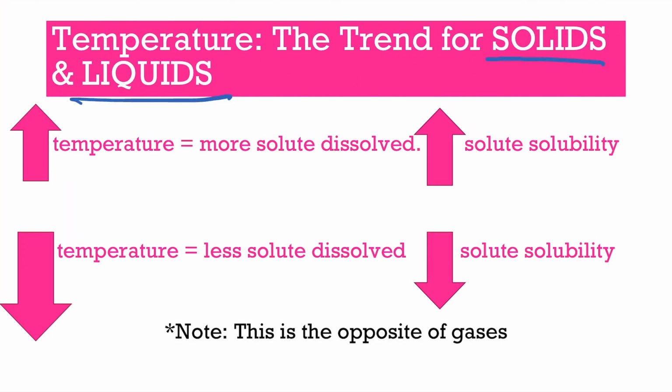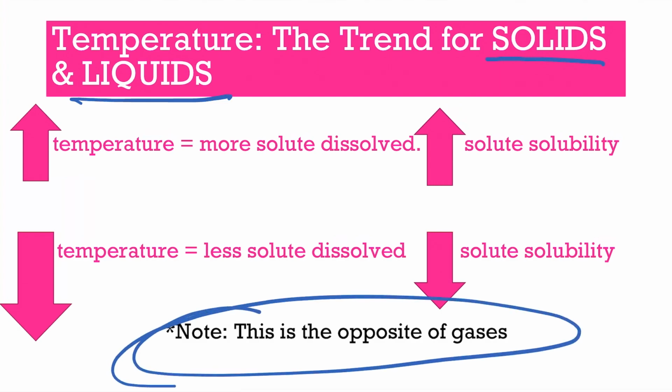The lower the temperature, the less solute that can be dissolved, so the solubility decreases. If you have hot coffee, it's able to dissolve the sugar a lot easier. If you have iced coffee, not as much can be dissolved. And we'll get into Table G on the reference table, which goes into that in more detail.